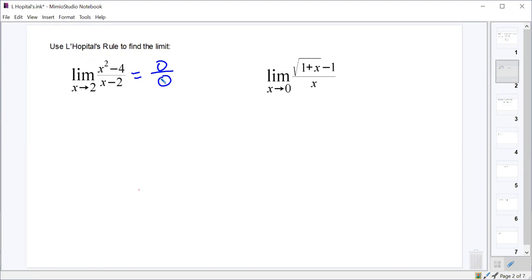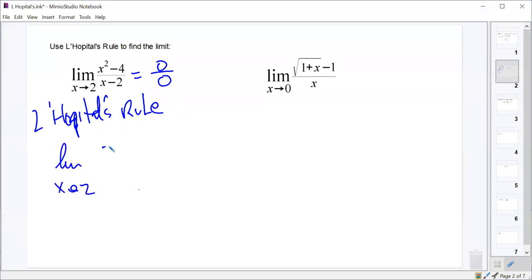And then normally, I wouldn't require you to do this, but the College Board will not give you the points on the AP test for using L'Hopital's rule unless you actually write out that you are using L'Hopital's rule and rewriting it as the limit as x approaches 2 of the derivative of the top, which is 2x, over the derivative of the bottom, which is 1. Everybody good with that? Yeah. So then plug in 2, and what do you get? You get 4. Pretty straightforward.